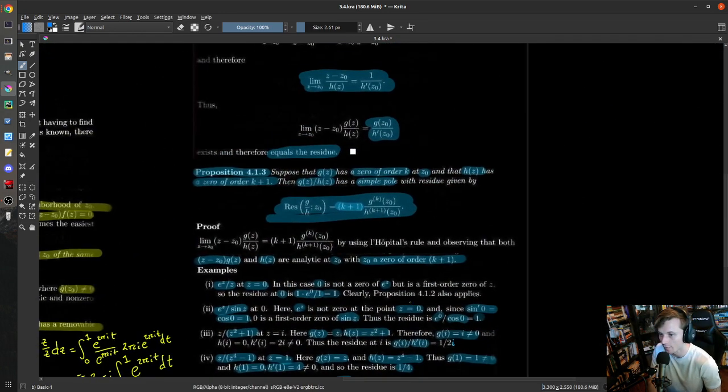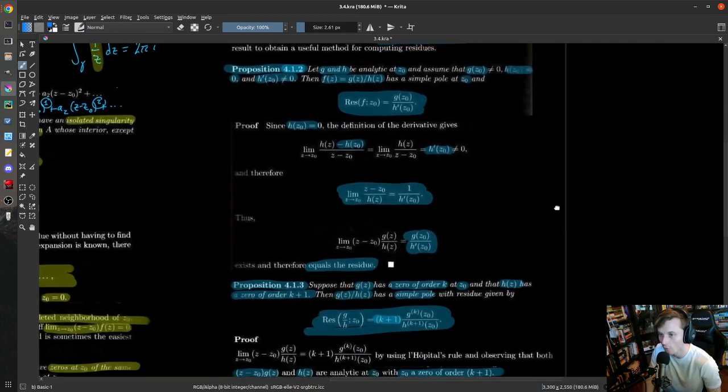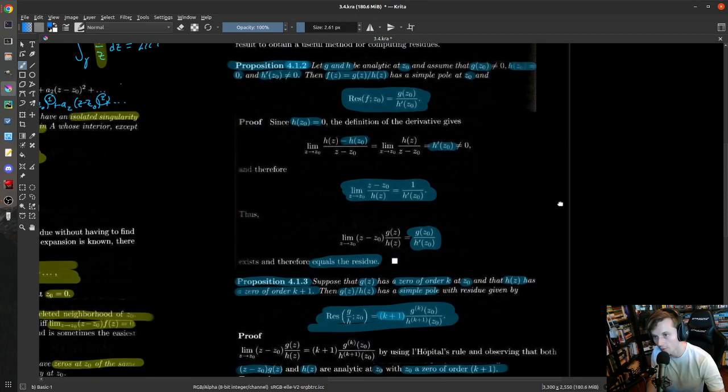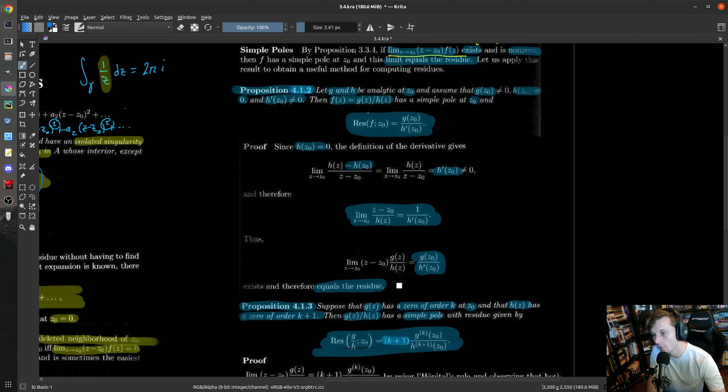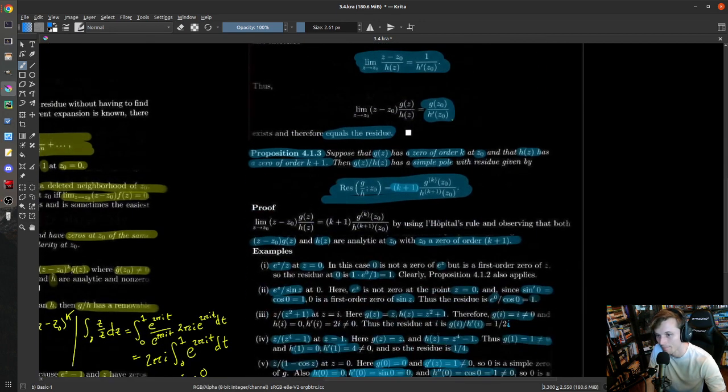We got a couple of ways to deal with this for removable singularities and for poles of order 1, simple poles. The best one was this theorem right here, this last one we did, Proposition 4.1.3.